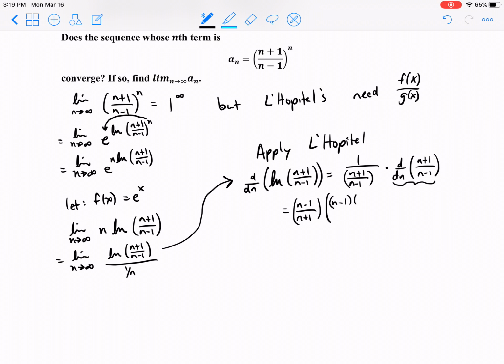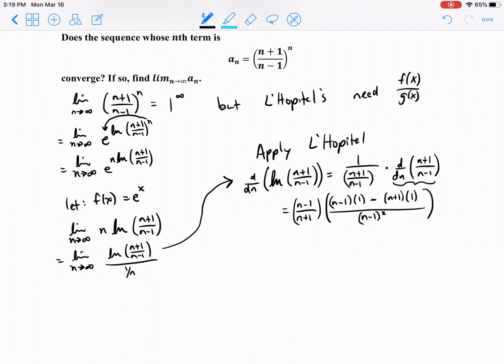The denominator times the derivative of what's on top, which will just be 1. And then minus what's on top, n plus 1, times the derivative of what's on the bottom. Derivative of what's on the bottom, again, is just 1. And then all divided by the denominator, n minus 1 squared.